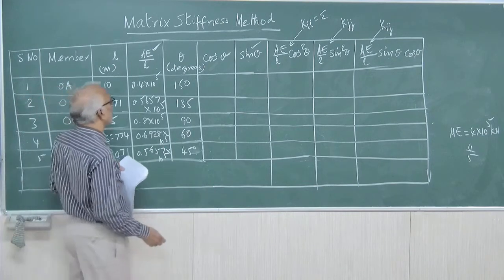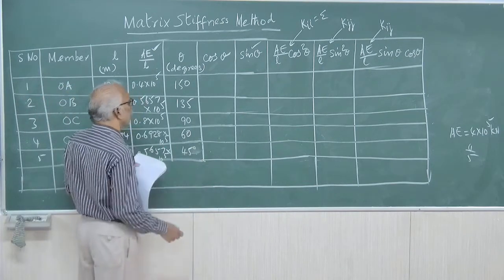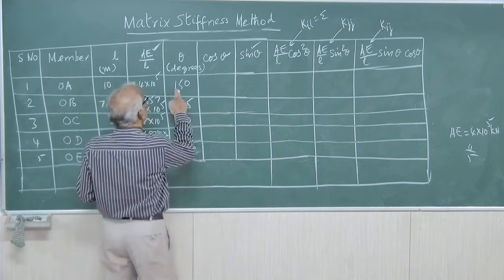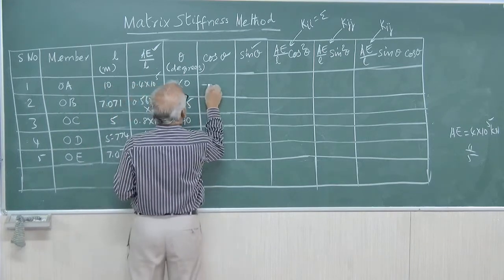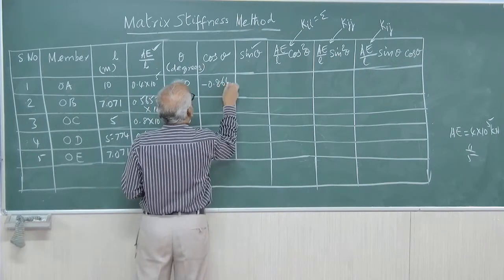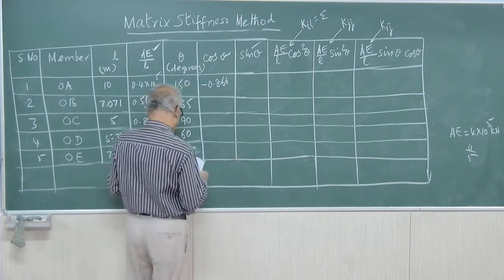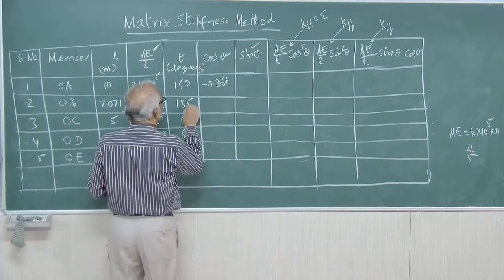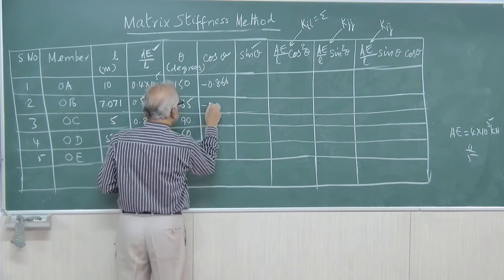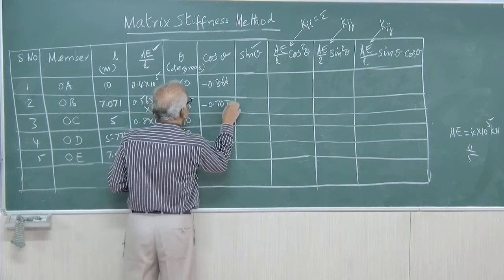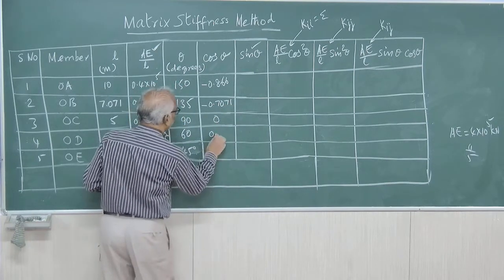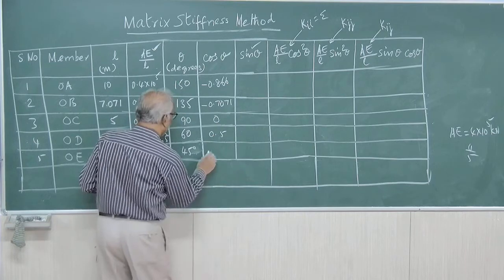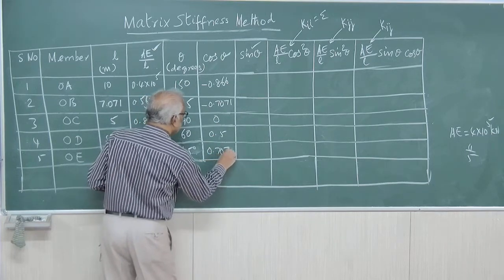And these are all only calculations, will not require any discussion. Theta is 150, so cos 150 equal to minus 0.866. I will simply give the values, because similarly this is cos 135 equal to minus 0.7071, cos 90 is 0, cos 60 is 0.5, cos 45 equal to plus 0.7071.